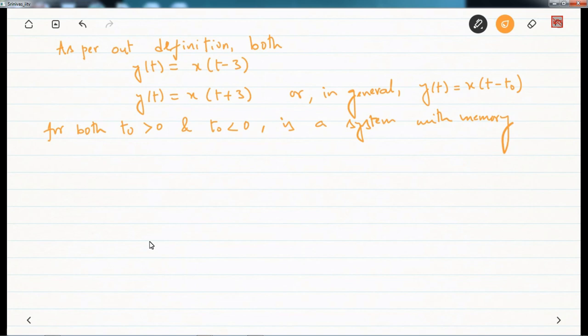So you should remember one thing: whenever the current output depends not only on the input at that time, then we should call such a system a system with memory.